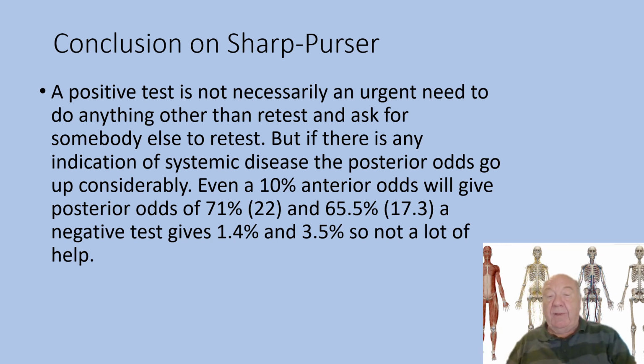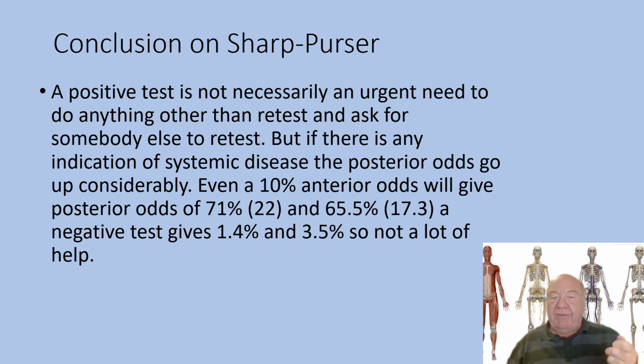and that's where you do something about it. Now, even if you increase the pre-test odds by 10%, or to 10%, at 4 millimeters, you'll shift the probability of the disease being present to over 70%, and at 3 millimeters, it will still hit 65% or so.